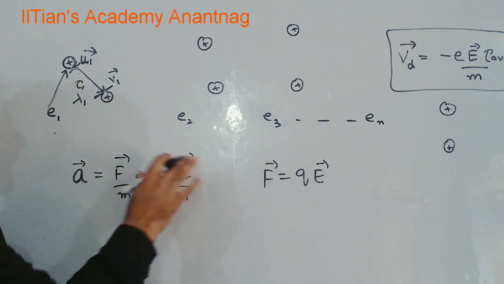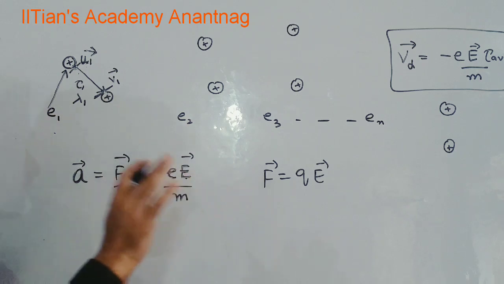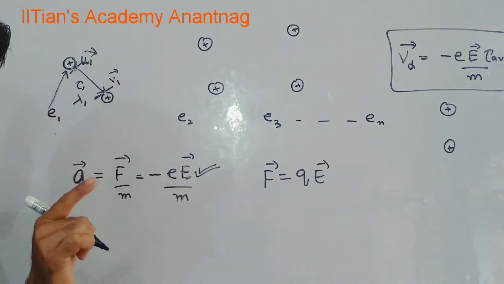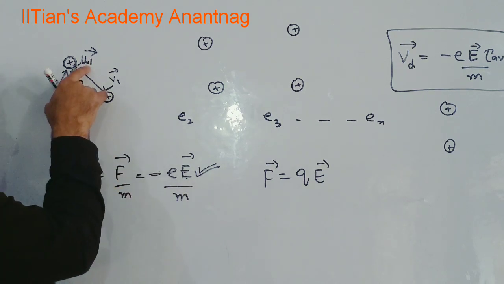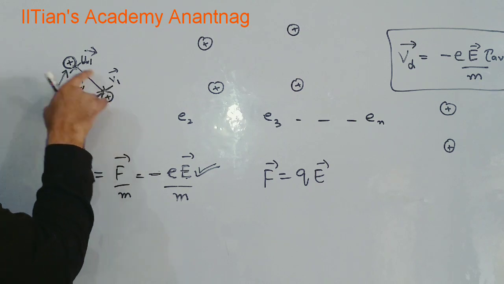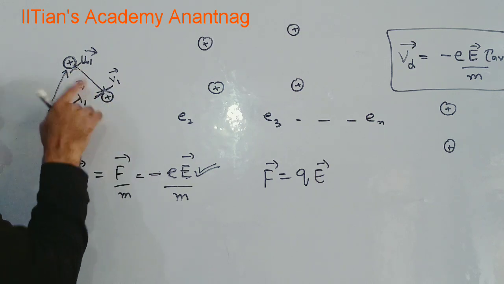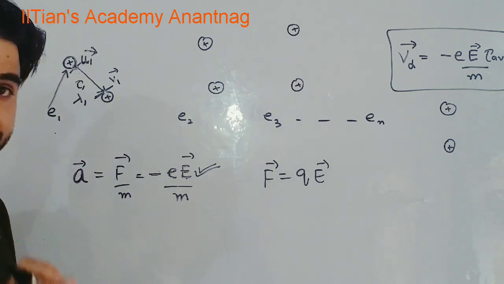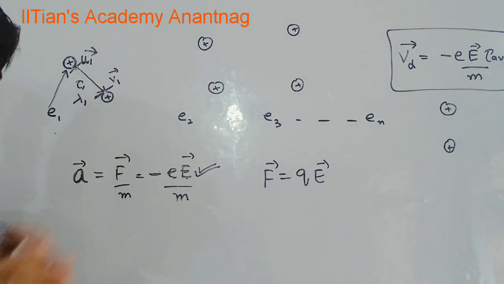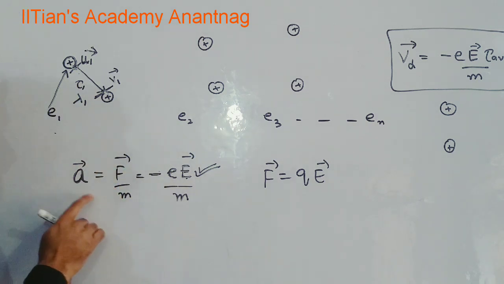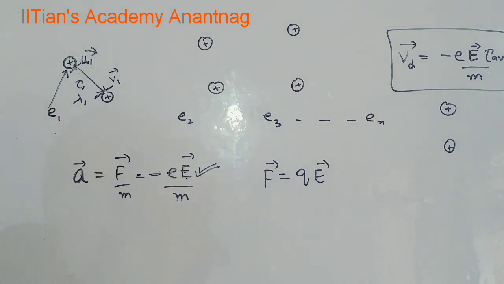Therefore, the conclusion is that the acceleration experienced by all the electrons will be the same, and that will be minus eE by m. Every electron is starting with a different velocity, ending up with a different velocity, and it is being accelerated for a different time. The time between the two successive collisions is different for different electrons. But every electron is experiencing the same acceleration.